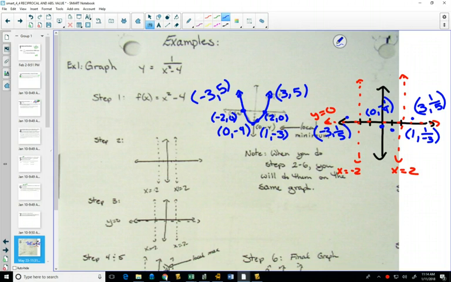Once you have points in each of your sections, the last step said draw the asymptotic behavior. That means in this section, if I have this point, it's going to go towards my asymptotes. In this section, it's going to go towards my asymptotes.